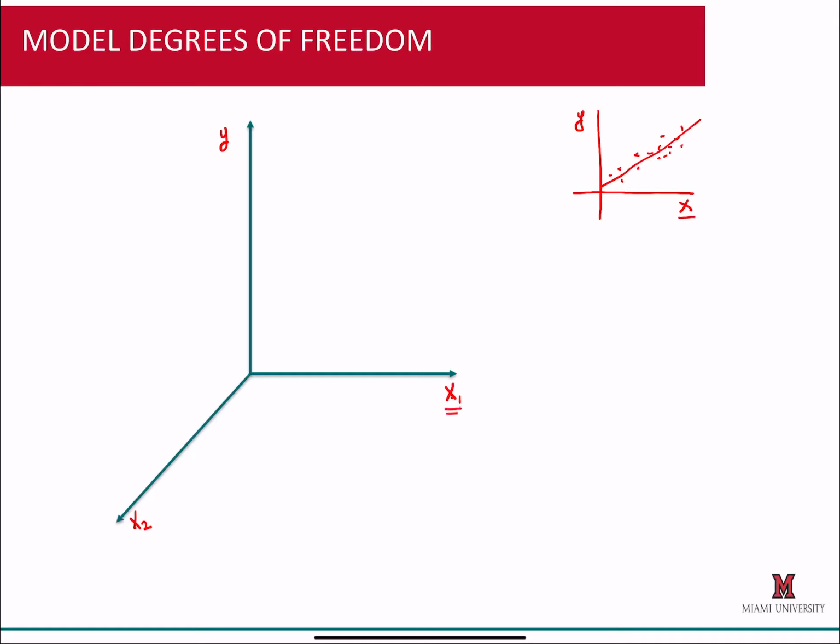Every predictor brings in an extra dimensional space if it is a numeric predictor. So if x1 is a numeric predictor, then it will have that extra dimension here. But if we bring in a variable that is categorical, each of the dummy variables that is created creates an extra axis, which increases the dimension.